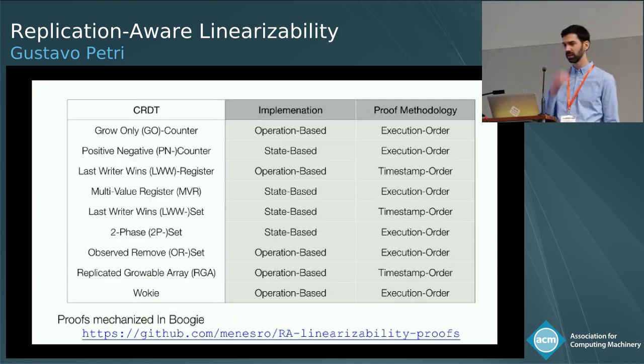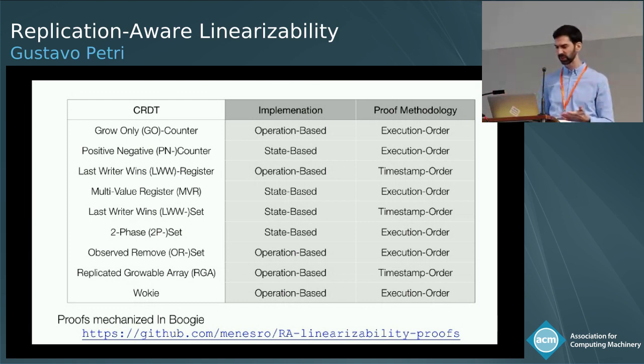Okay, so with that, we proved most of the CRDTs that we found in that survey paper that I showed earlier. And we were able to give relatively simple specifications and prove that they were correct. I didn't talk much about this, but CRDTs come in two flavors: operation-based, where what we send to the other replica is a summary of the operation, or state-based, where what we send is just our current state.